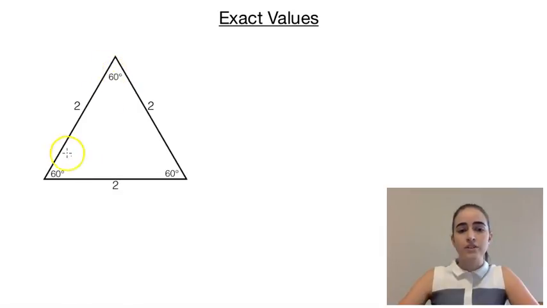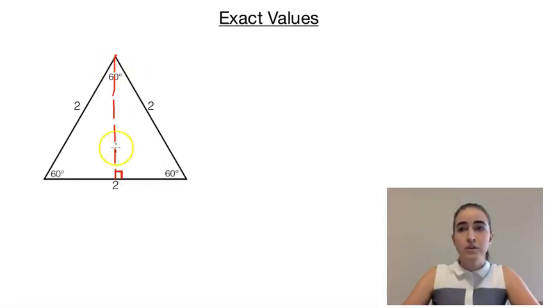Because it's equilateral, every angle in that triangle is 60 degrees, and we've chosen this so that each side is 2 units long. Using this triangle, it's not a right angle triangle yet, so we can't use our trig ratios. But what we're going to do is drop a line straight down from this vertex to meet this bottom line here. If we drop that straight down, it's going to meet at right angles.